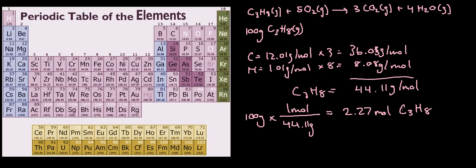Now that I know the moles of propane, and I'm looking for the grams of CO2 and the grams of water, I can figure out how many moles of carbon dioxide and water, because I know for every 1 mole of propane, I have 3 moles of carbon dioxide and 4 moles of water.